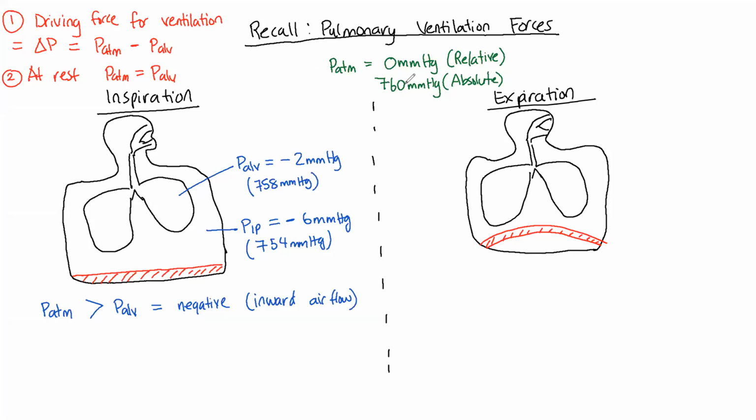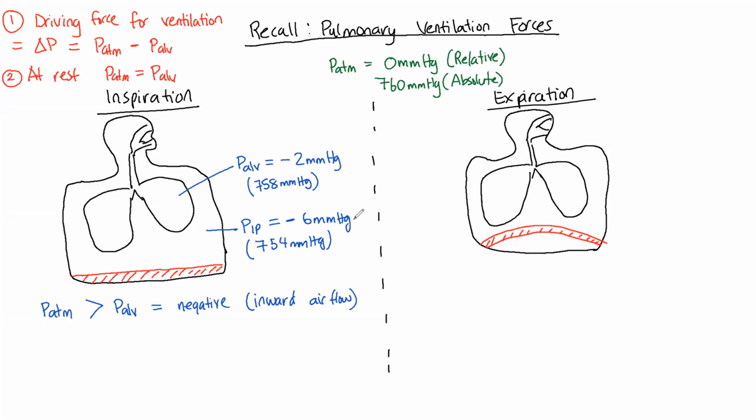We have relative atmospheric pressures depending on our altitude. And so physiologists said, let's just set this at 0. And then we can describe what's happening in inspiration relative to that 0. And so that's where we get these negative values from. If it's less than 0, they have to be negative. But in terms of the absolute numbers, they're actually pressures. They're actually not negative. Okay, I hope that makes sense.